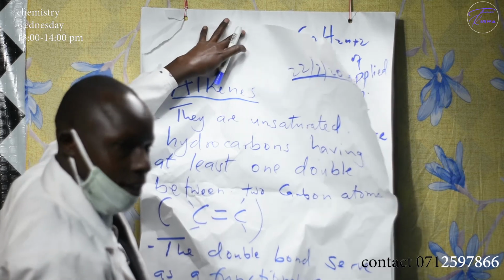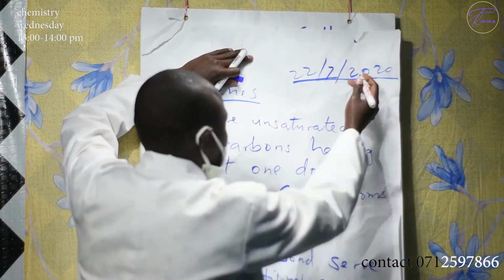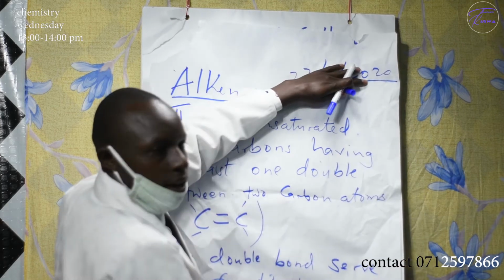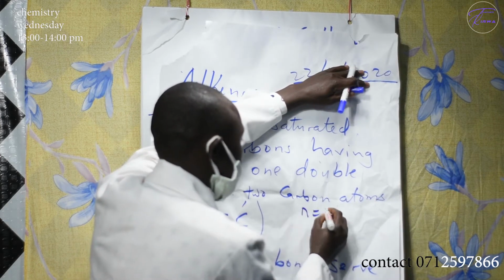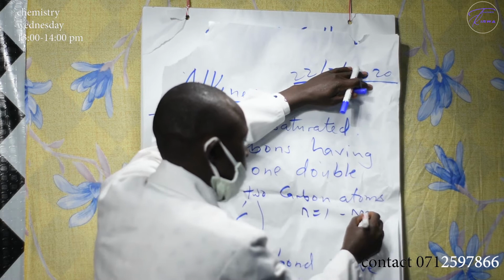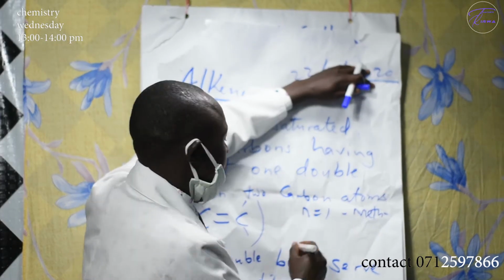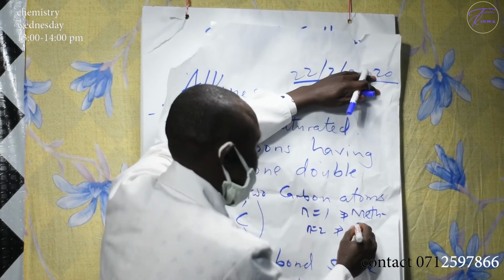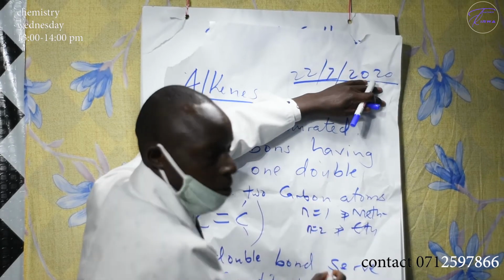Now, you remember when we were naming organic compounds, where n is equal to 1, the prefix is meth. Where n is equal to 2, the prefix is eth. This is just a preview.